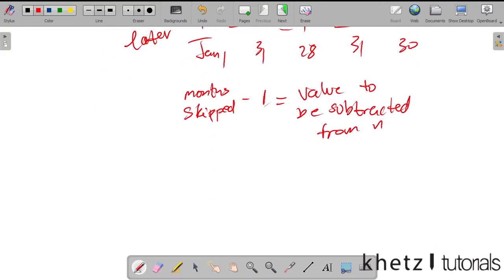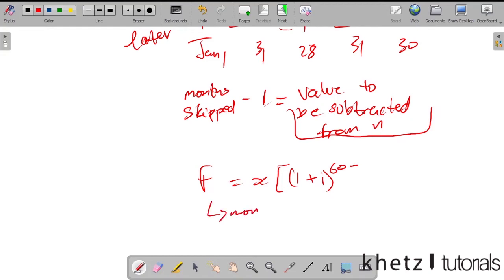So let's say in our future value formula, we were supposed to substitute n as 60 for 60 payments. Now we're going to say 60 subtract this value over here. So in our case, it's 4 months.